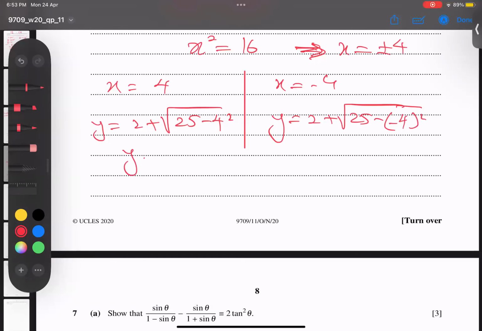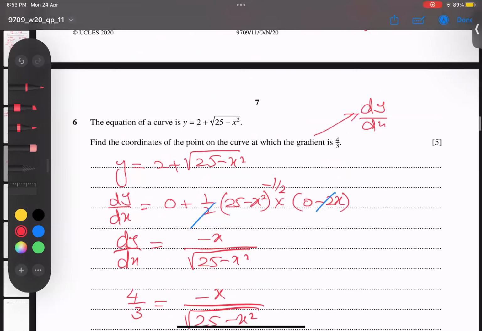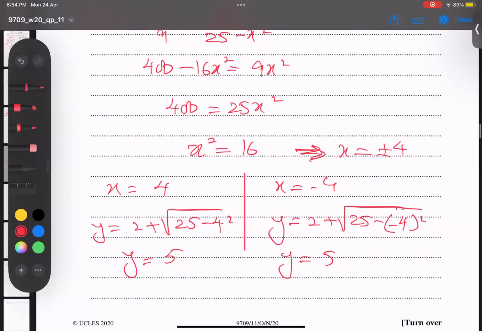So the y value we are getting is the same in both options. So it is coming here 9, sorry, 5, because it's 16, we got 3 plus 2, 5. So here also 5. But what was the condition? He said the coordinates of the point where the gradient is 4/3.